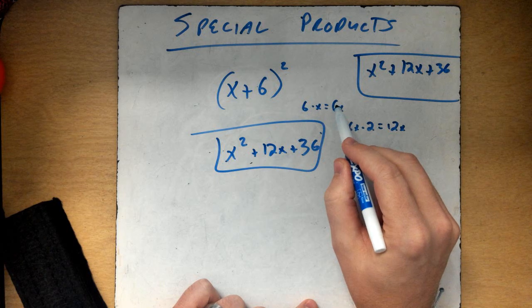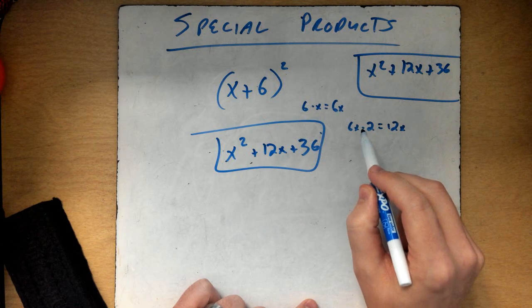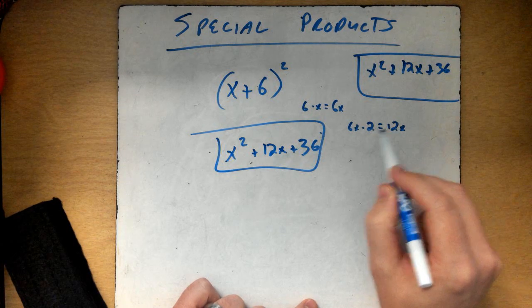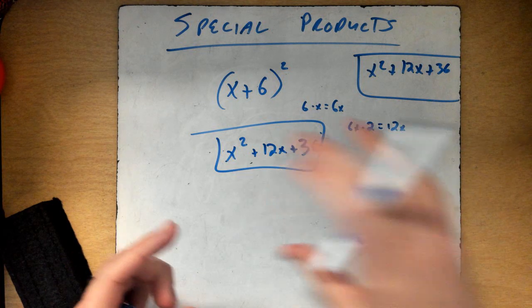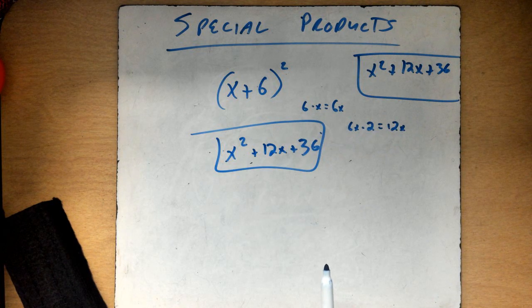We get 6x, and then multiply that answer by 2, and you get 12x, which is our middle term here, okay? And that's it. So it's the same thing, right? Now, if you feel comfortable pulling it out and doing it the longer way, that's fine. Do it that way. But this is the shortcut for things like this, okay?